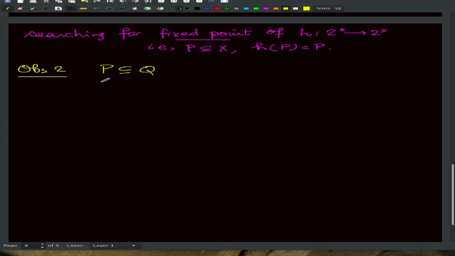So, if this is true, then, because f is an injection, this happens anyway, and the reverse happens because f is an injection.